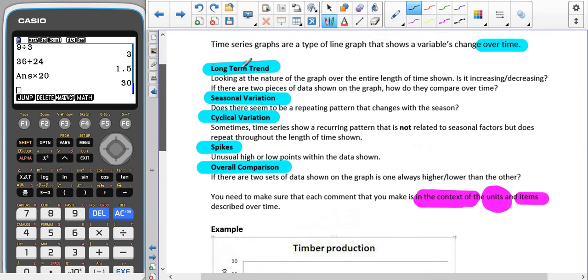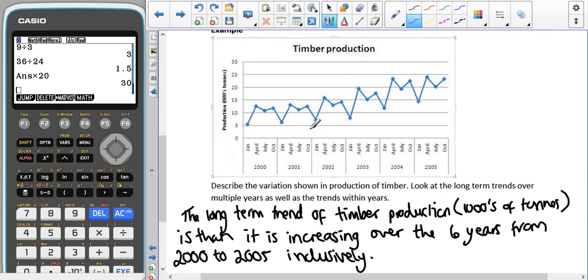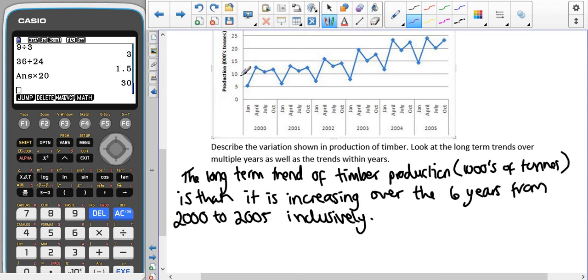If we have a look at the second comment, seasonal variation, here we can see that we always have the low point of the year in January. We can also see that the highest point is always in April, followed by a lower point in July, followed by a slight increase in October, and then back down for January again.